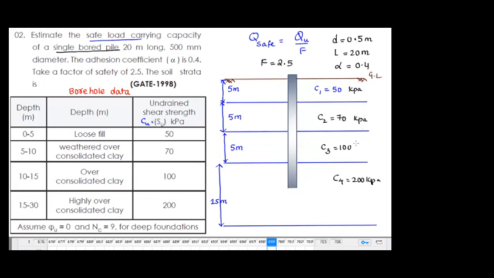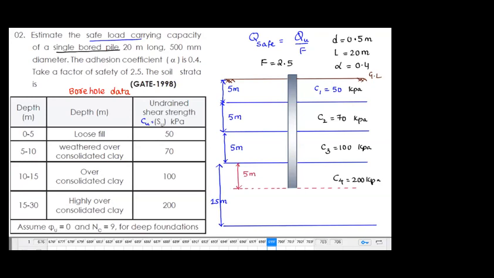Now, if you observe, what is the length of the pile we have? 20 meters only, right? So our analysis is up to the pile tip only. Whatever this value is, it is just 5 meters only, because the total length of the pile is 20. First, find out the ultimate load.